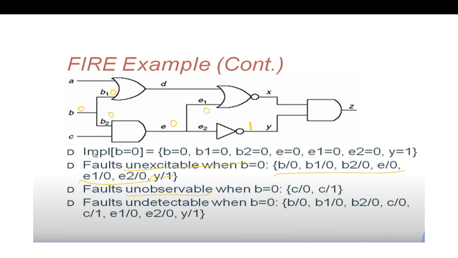Unobserved wherever we have a controlling value. So B2 was having a controlling value, so this fault will be unobservable because of a controlling value. So the faults which are undetectable will be the intersection of the union of both, both this and this union. Sorry, this intersection with union.